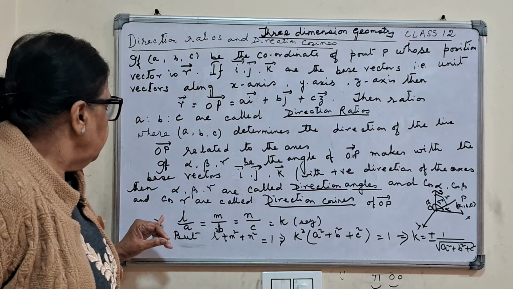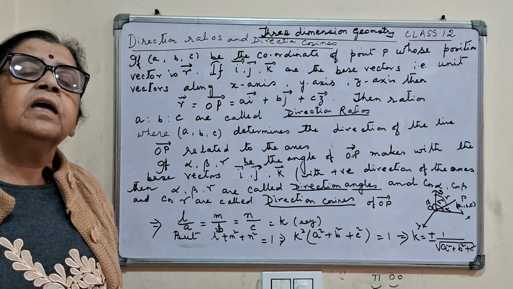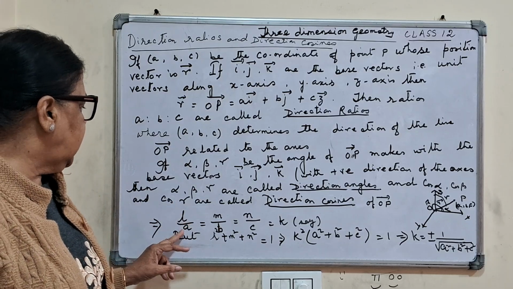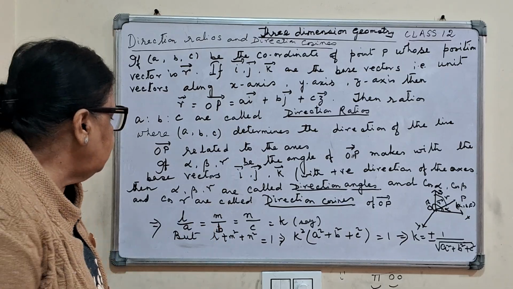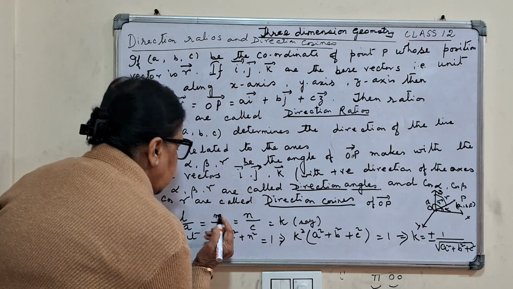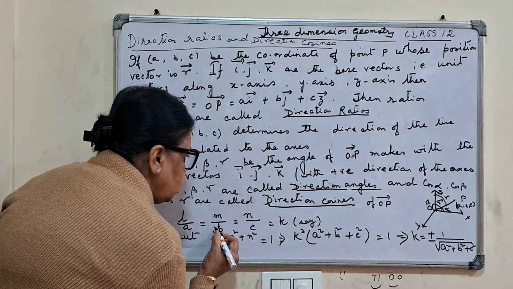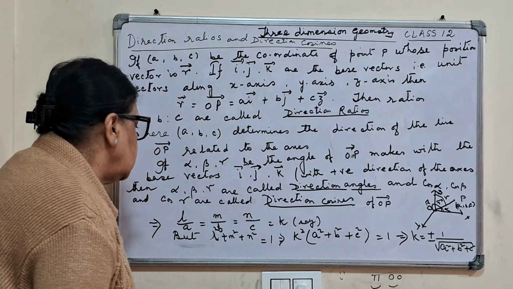Now since direction ratios and direction cosines are in the same ratio, L by A is equal to M by B is equal to N by C is equal to K, say.